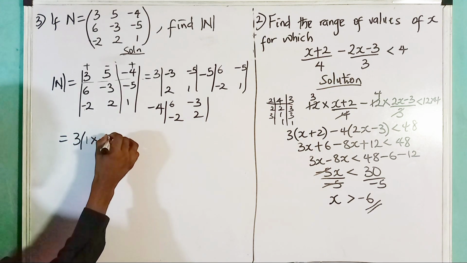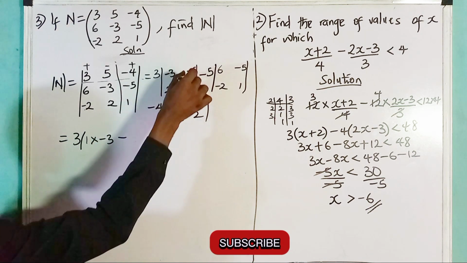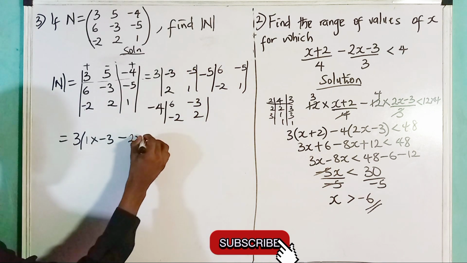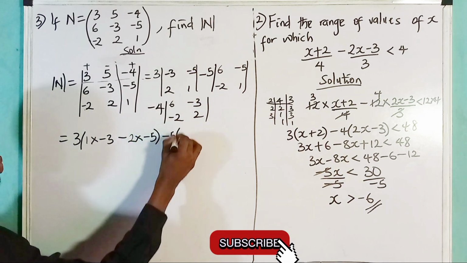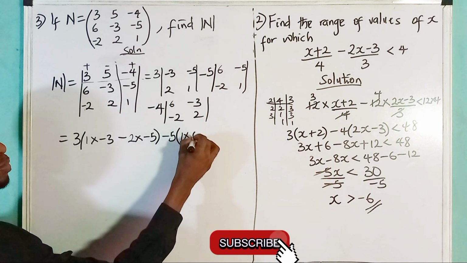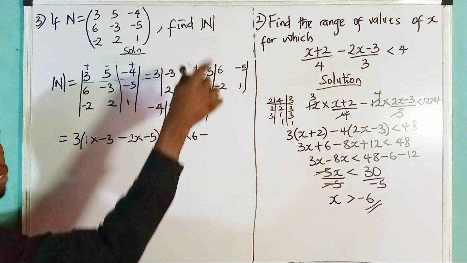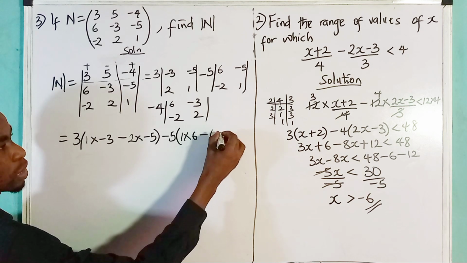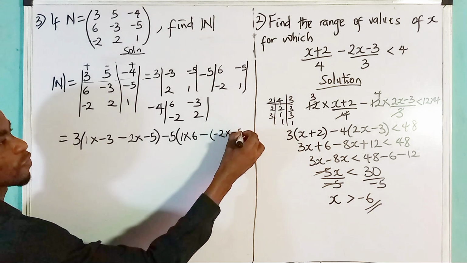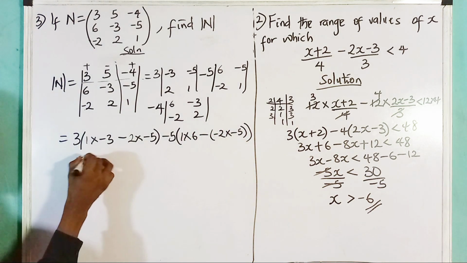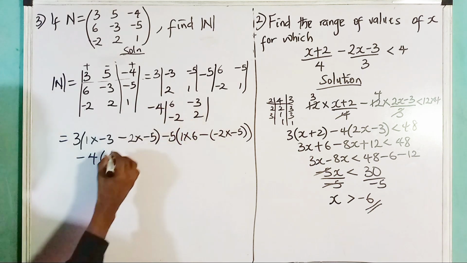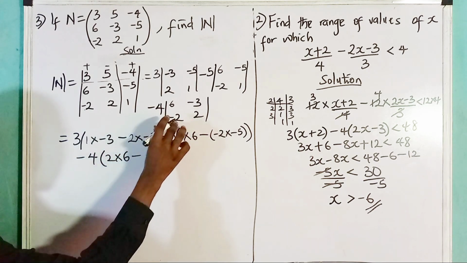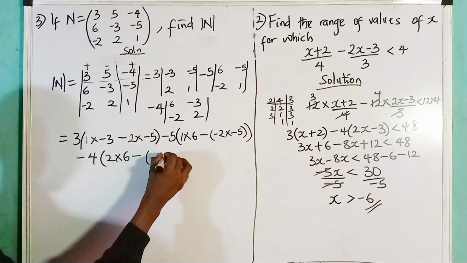That's what you write. Then minus 2 times minus 5. Minus 5 into 1 times 6. Minus 2 times minus 5. Yes, that's the pattern. Then lastly, minus 4. 2 times 6. Minus 2 times minus 3.